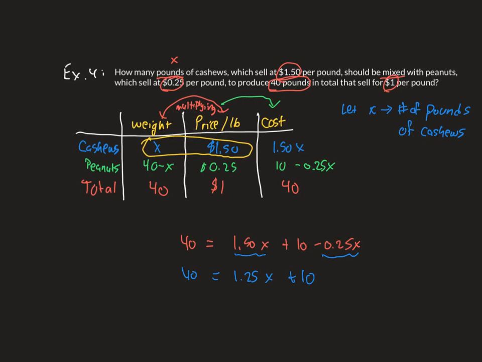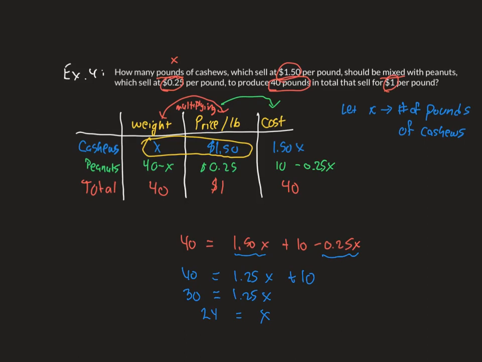Let's bring that 10 to the other side. So it's going to give me 30. And let's divide out. So 30 divided by $1.25 will give me 24.